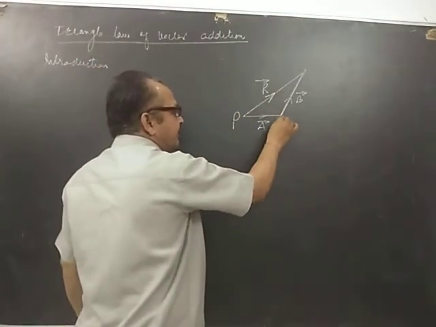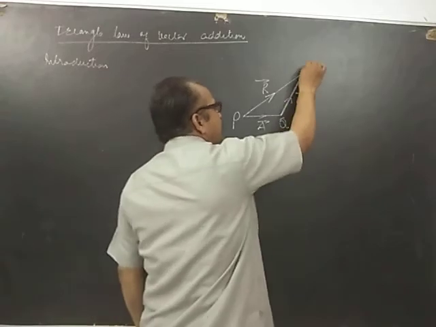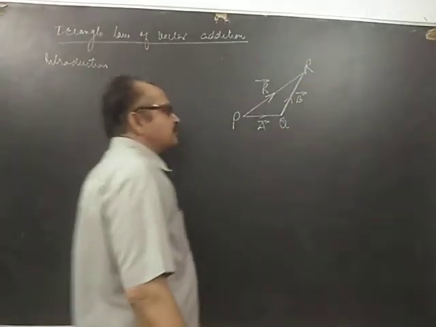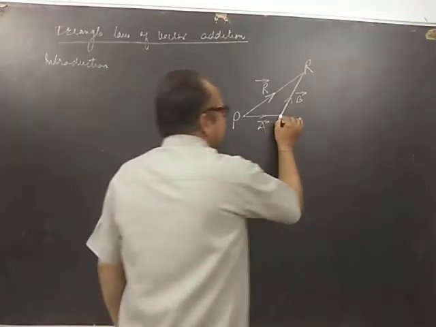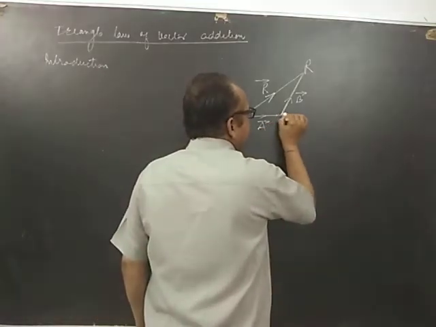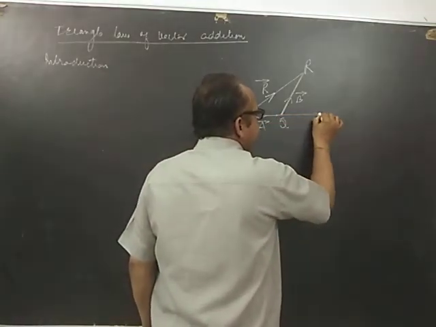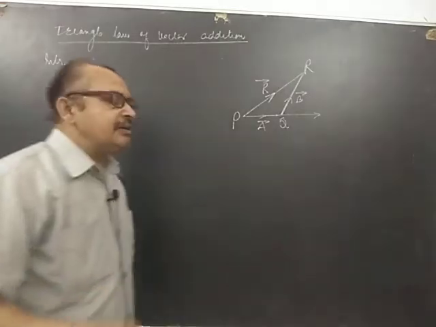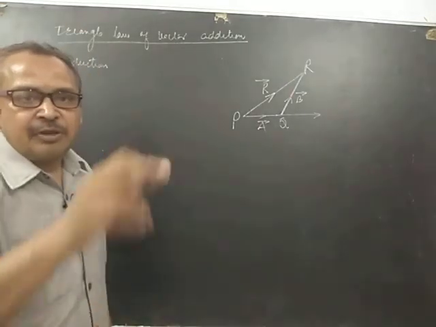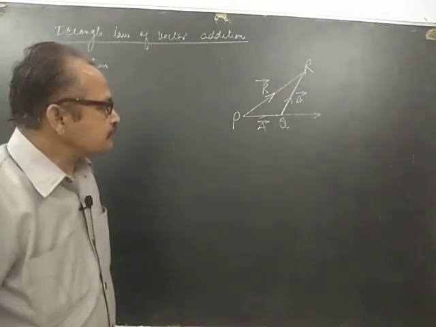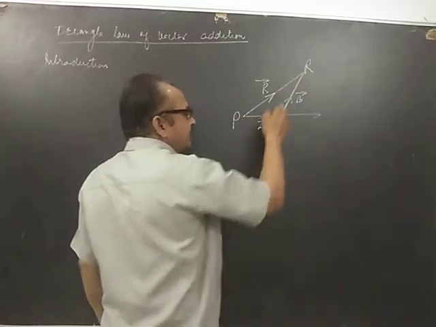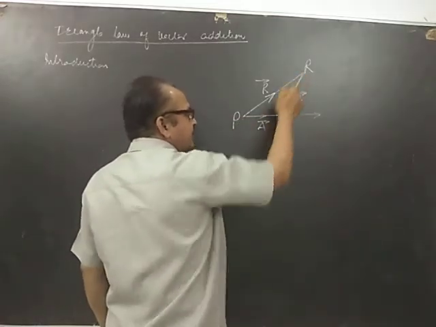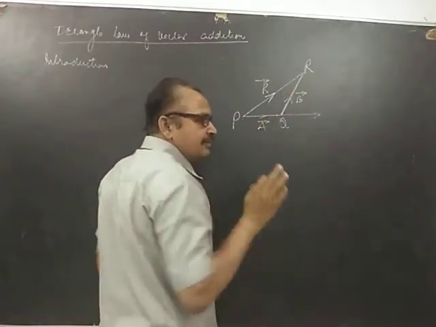Let the triangle be PQR. And one very important thing that you have to understand is that these are the two vectors which are represented by the two sides of the triangle.